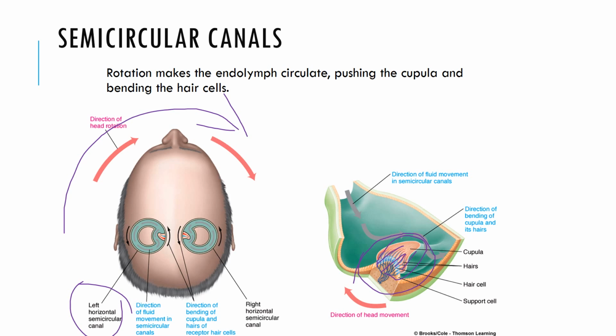So for instance, if we're turning our head to the right, this is going to activate the left horizontal semicircular canal as well as the right horizontal semicircular canal. And so these are going to be due to fluids that are moving within the semicircular canal and bending of the cupula in the hair cells.